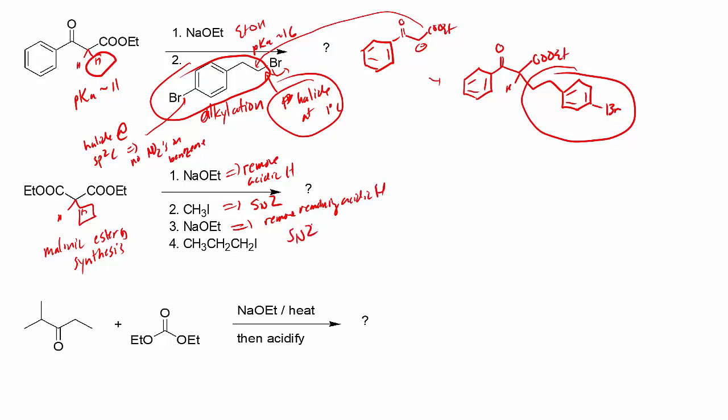Then another SN2. All right, so let's just look at those processes. Negative charge, going to do an SN2. Methyl iodide is really a fantastic compound for the SN2 reaction.